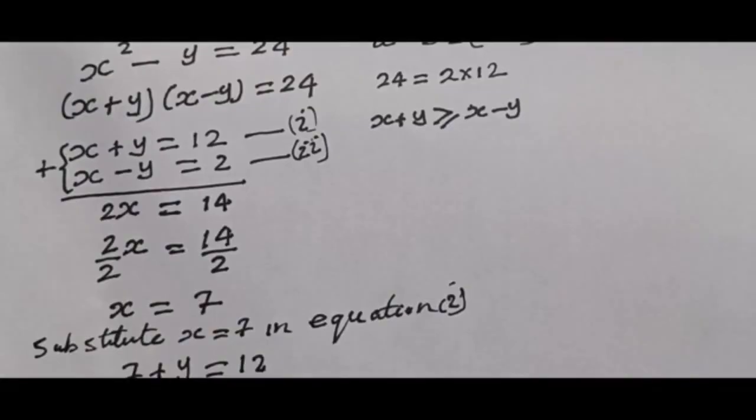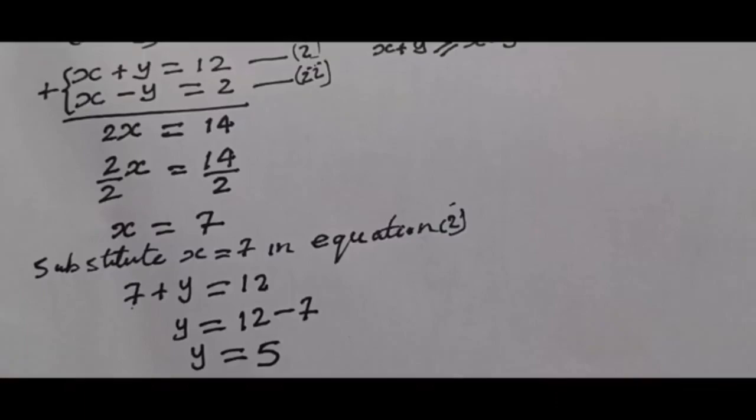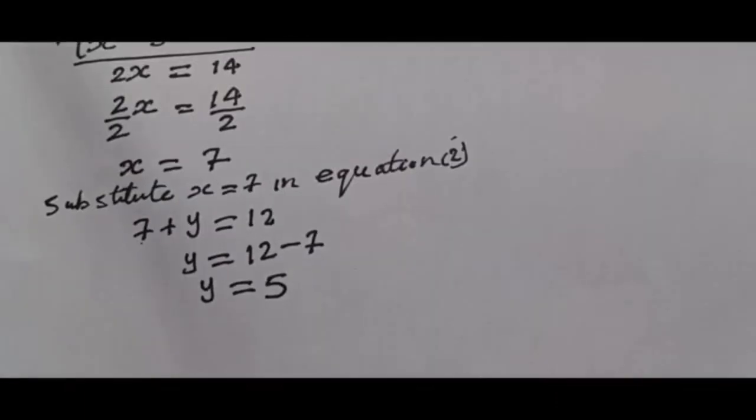That's why you see 7 here, plus y equals 12. So we have y equals 12 minus 7. So 12 minus 7, we get 5. Okay, we have x equals 7 and y equals 5.